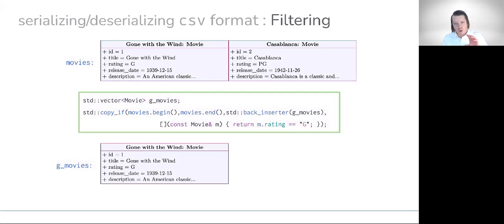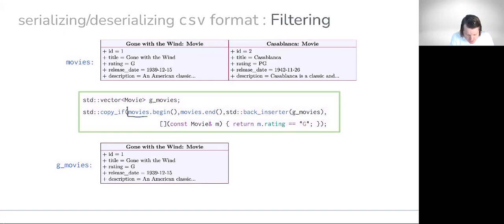I'm going to store this filtered movie, so the group of movie objects or a copy thereof that meet my criteria, in a new vector. I'm going to call it G movies just because it's going to store the movies with the G rating. Next, I'm going to iterate through each element of my movies vector, from start to essentially through the last element in that collection.